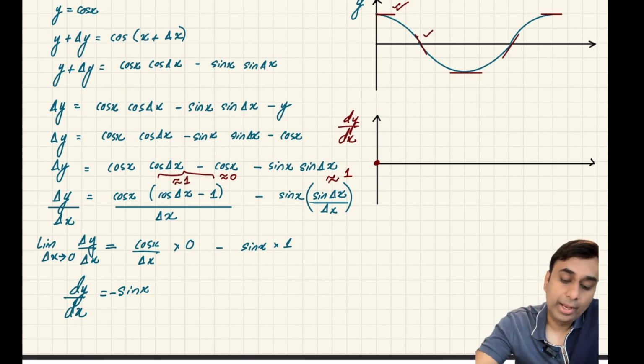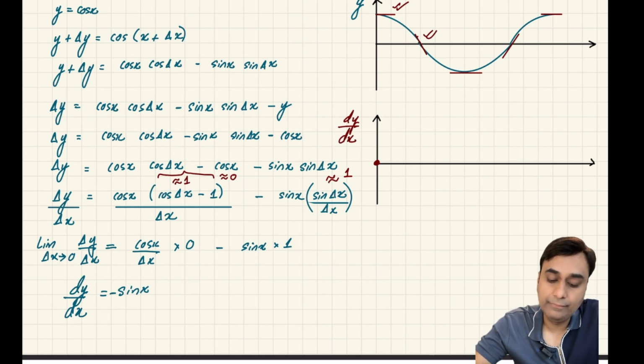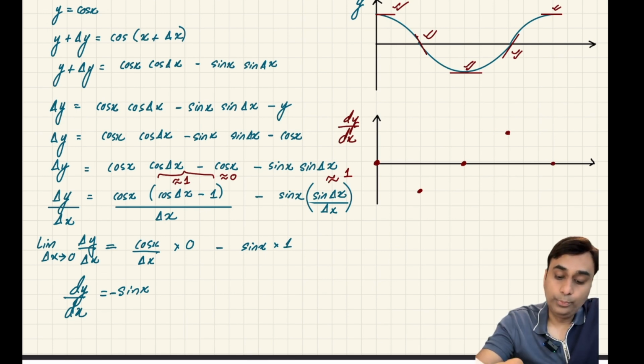Then over here, the gradient is negative, so I will put down some negative value for the gradient. Then at this point, the gradient becomes 0. Then at this point, the gradient is positive. And at this point, the gradient again becomes 0.